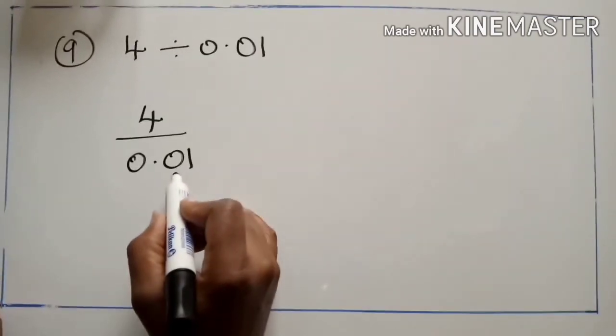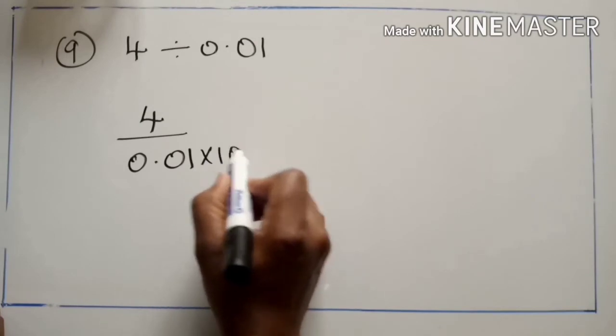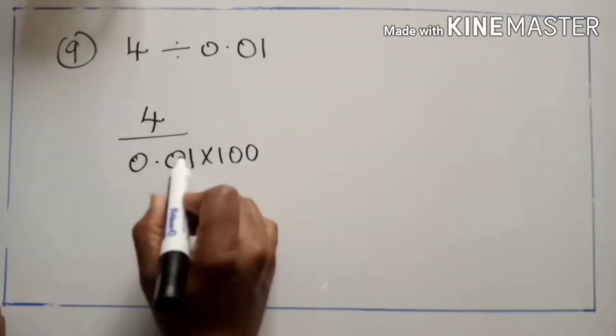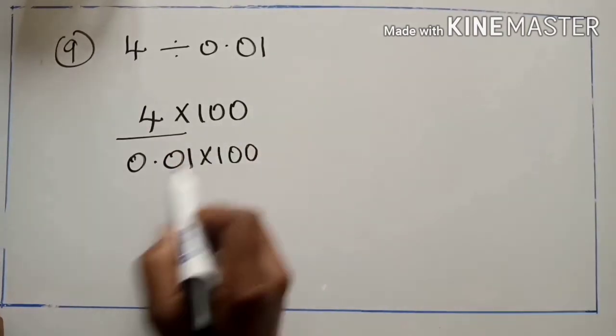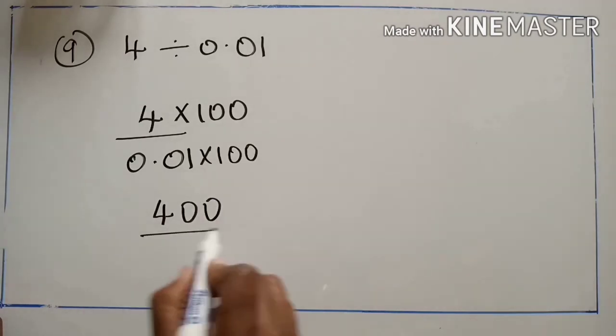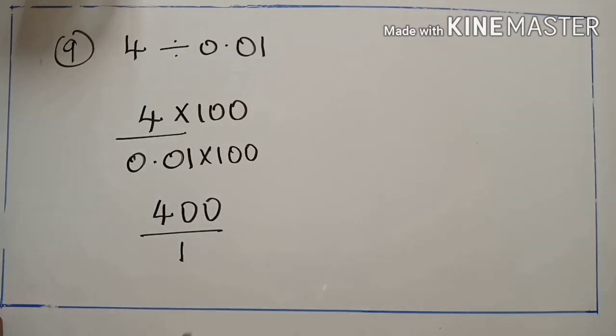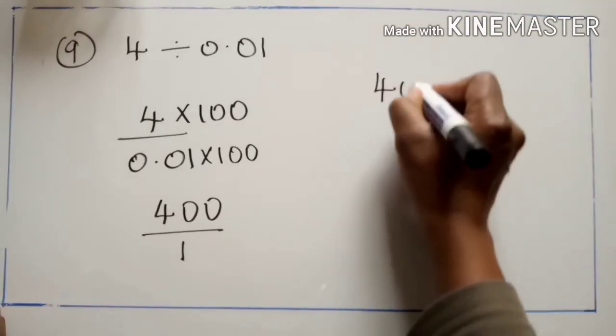In this case there are 2, so we multiply by 100. Then the numerator multiplied by 100 also, so that now you have 400 over 1. Now 400 over 1, you can do the long division if you so wish.